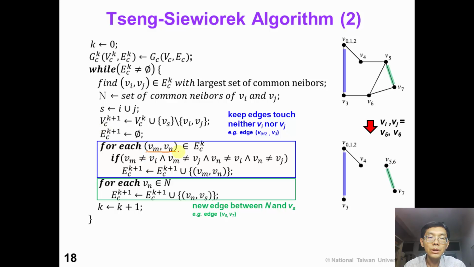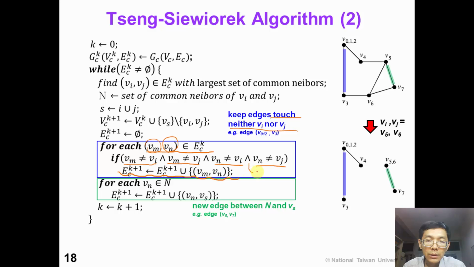For each edge in the edge set Vn, we check if its two vertices touch either Vi or Vj. If this edge does not touch Vi nor Vj, then we keep this edge. That means if Vm and Vn are not equal to Vi, and not equal to Vj, then we would keep this edge in the next iteration.